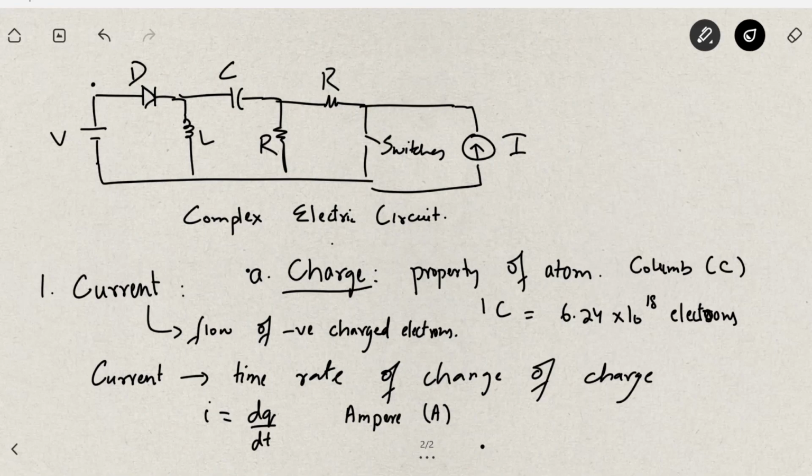So I is, you can say, equivalent to velocity in one way, where a certain distance is moved by electrons. Time rate of change of these electrons is what constitutes a current. So I is equal to dq by dt.